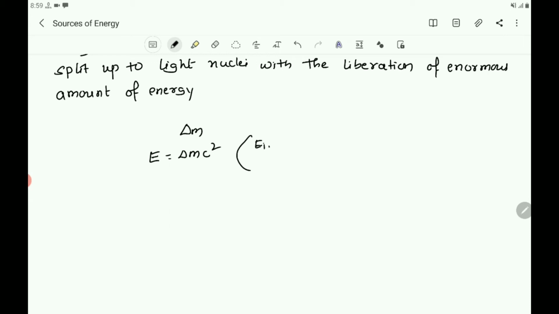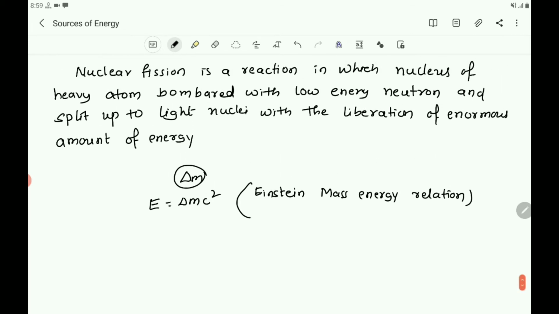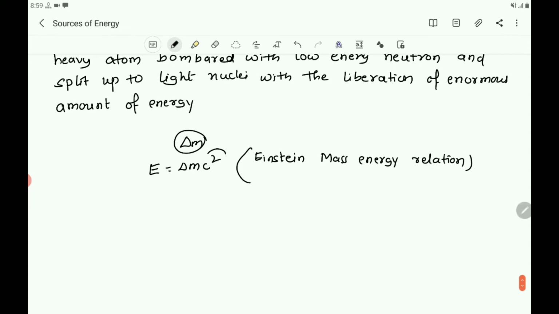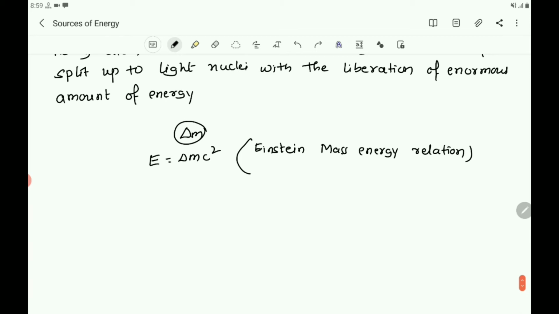Here delta M is the difference in mass between the original nucleus and the product nuclei, and c is the velocity of light, that is nothing but the speed of light in vacuum.